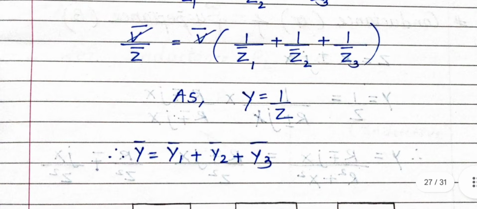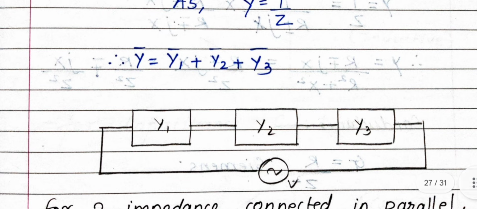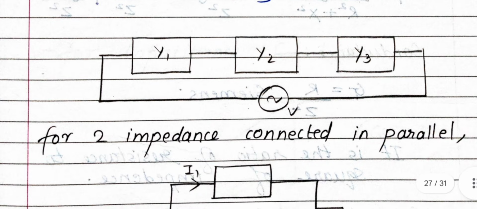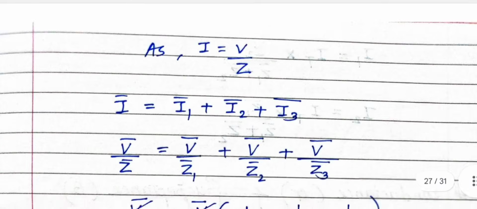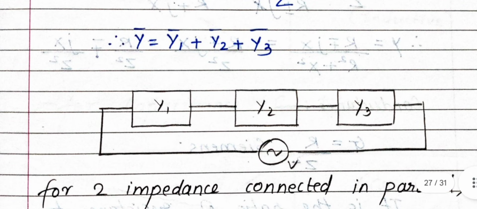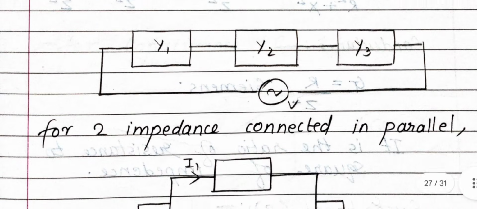Substitute them and you will get that admittance Y is equal to Y1 plus Y2 plus Y3. And this is the final diagram, you can draw Y1, Y2, Y3 in the series format.